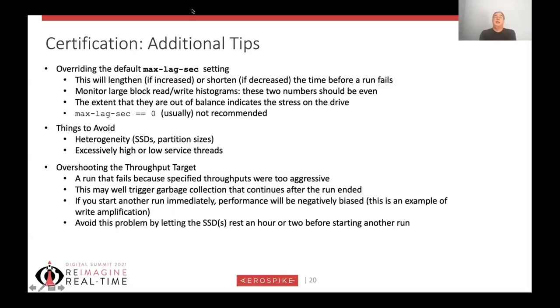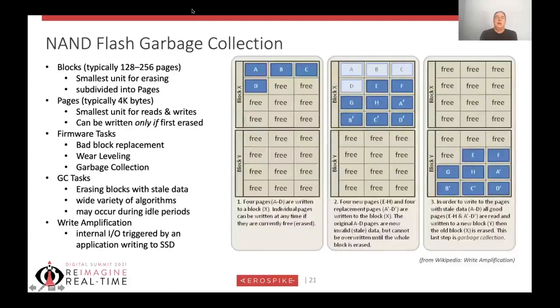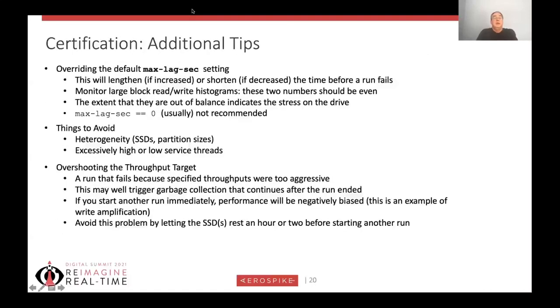If they're in balance, along with the latencies, that's kind of a good sign. You can completely disable the lag mechanism by setting it to 0, but this usually isn't very useful. The drive will complete, but you won't have a good idea of what the actual maximum lag was.